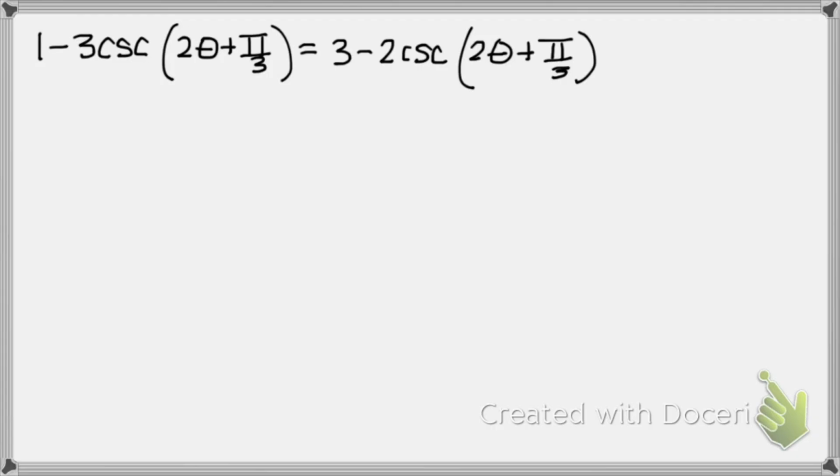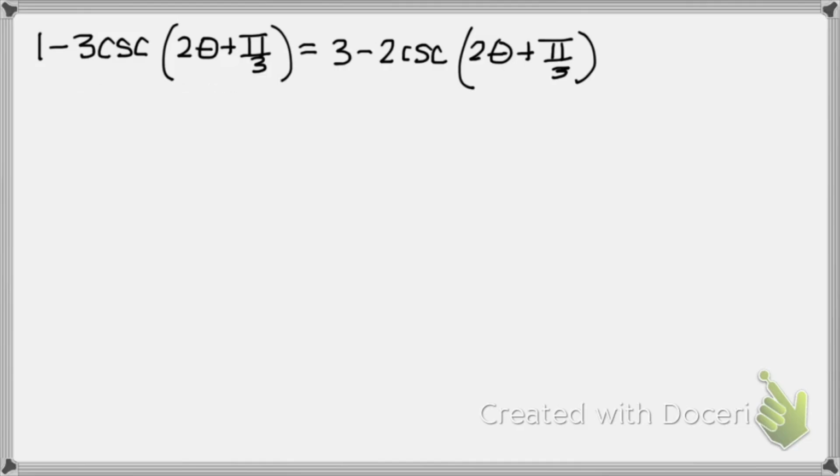Okay, another case here is we have a multiple angle. So that's when I have a coefficient on theta, I would say. But, probably a 2, 3, or 4 is what I'm talking about. All right, here I'm going to combine like terms.